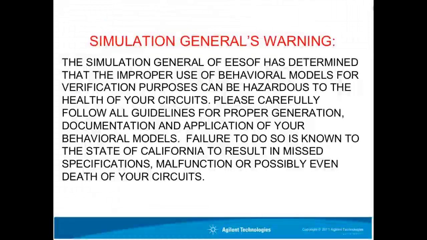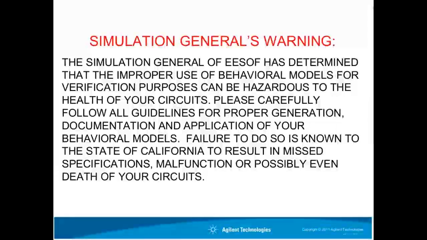So I don't know how many of you are from outside the U.S., but anyone in the U.S. should recognize the humor here. This is a simulation general's warning. It's modeled after our Surgeon General's warning on cigarette labels. It's a little bit tongue-in-cheek, but I really do feel strongly about the issue of sharing models.